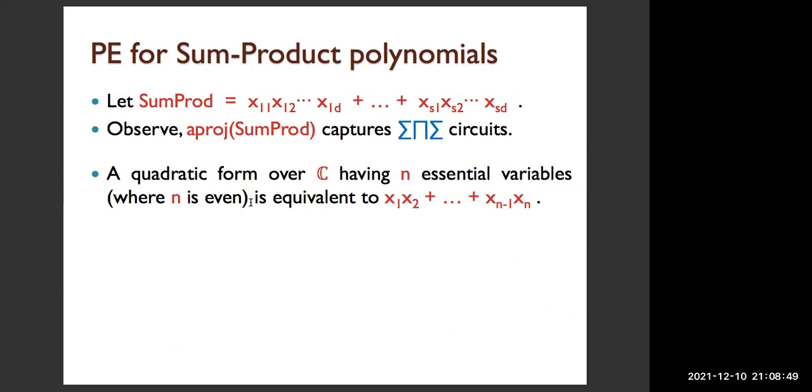Also notice that it is connected to the quadratic form equivalence problem, because any quadratic form over C that has n essential variables, if n is even, is equivalent to the sum product polynomial of degree 2. It's equivalent to this. So the power symmetric polynomials and the sum product.